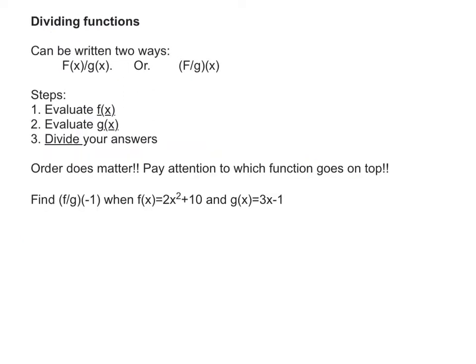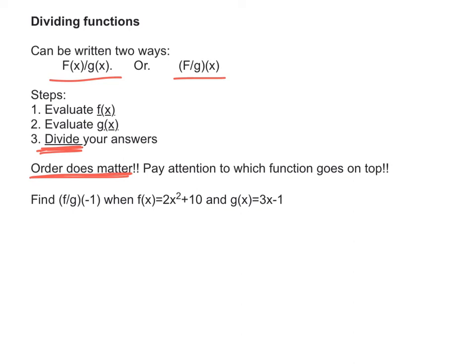Last example is dividing. Again, it can be written as f of x divided by g of x, or it can be written as f divided by g of x. Same steps. You're going to evaluate f of x, then you're going to evaluate g of x, then you're going to divide your answers. Just like with subtraction, order does matter with division, so you have to pay attention to which function goes on top, or goes first.